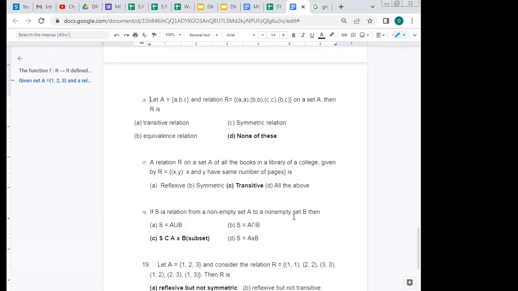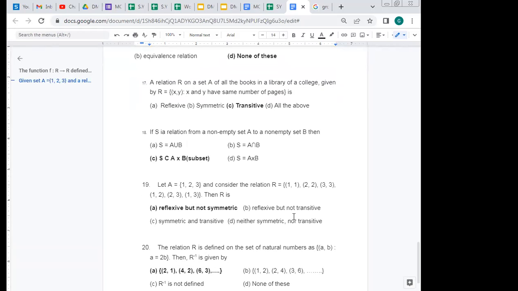If you have a different answer, you can tell me. I don't want it to be just transitive because I have already given the answer as transitive. It can be all of them. So you can think on it. No, sir, because I'm just discussing MCQs. Just two MCQs are here.